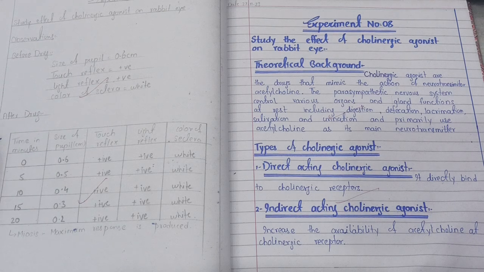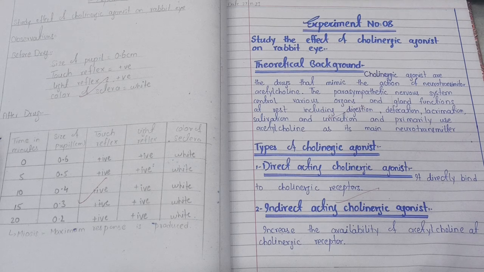Normally the size in an adult rabbit is around 1.2 to 1.5 centimeter, but some young rabbits are a little bit small, and in young rabbits the pupil size can be 0.6, but normally it ranges from 1.2 to 1.5.